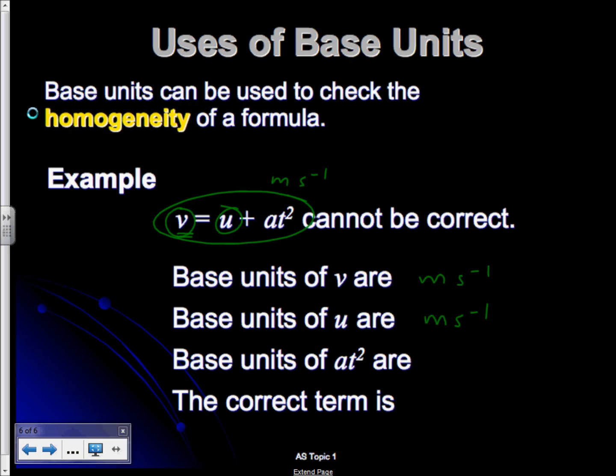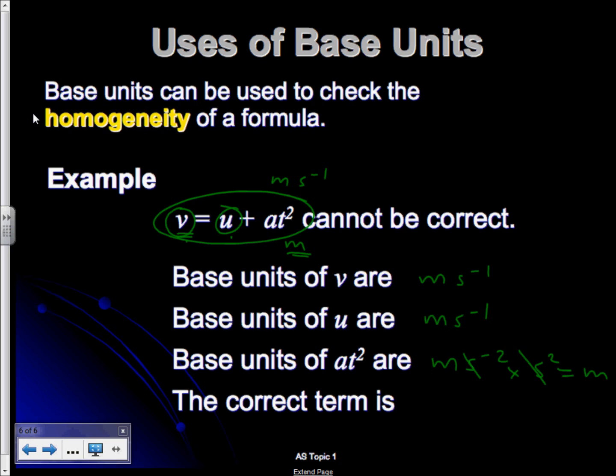So if we work out the base units of AT squared, A is acceleration, meters per second squared. If we then multiply by t squared, units second squared, we see that the seconds cancel each other out and we'll end up with meters. You cannot have this term having units of meters when the other two are meters per second.